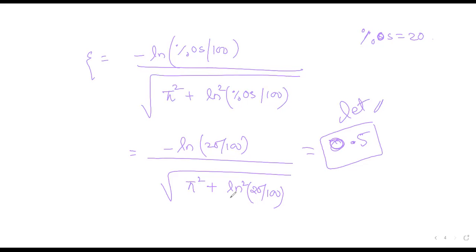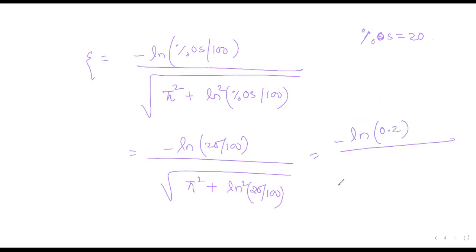Yes, you solve this equation. You can write this as minus ln 0.2 upon under root pi square plus ln square 0.2.